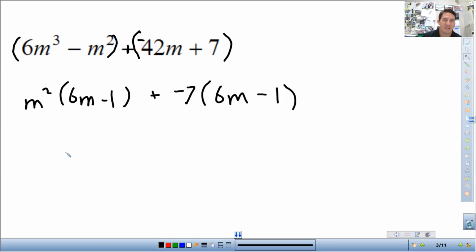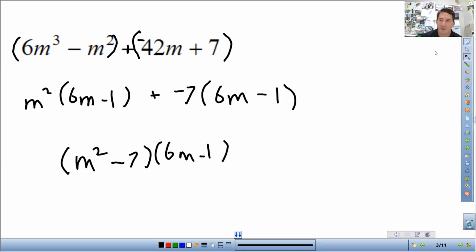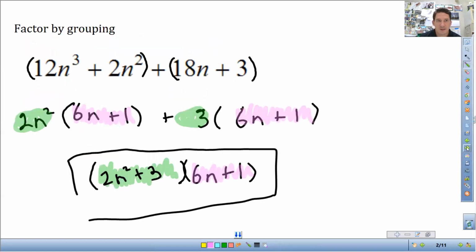Now these match. So it's going to be m squared plus negative 7, or just minus 7, times 6m minus 1. Again, these are getting grouped together and then multiplied by the binomial. Let's do another example.